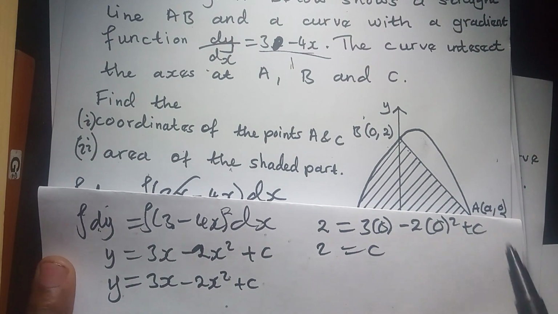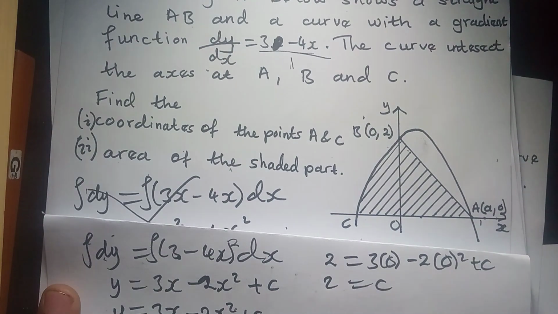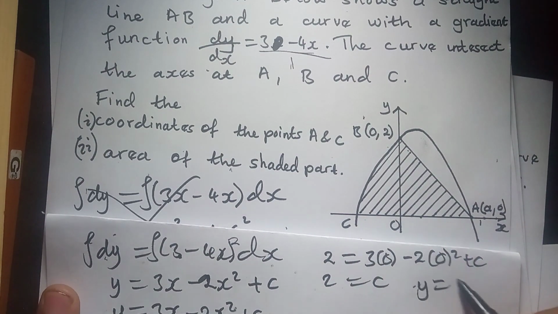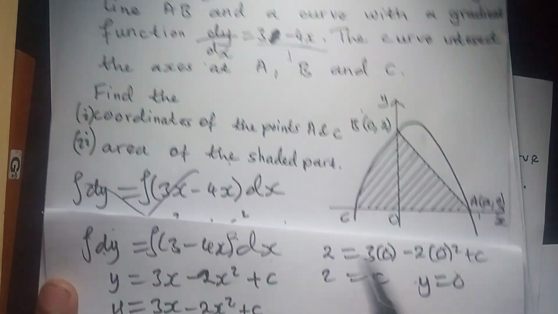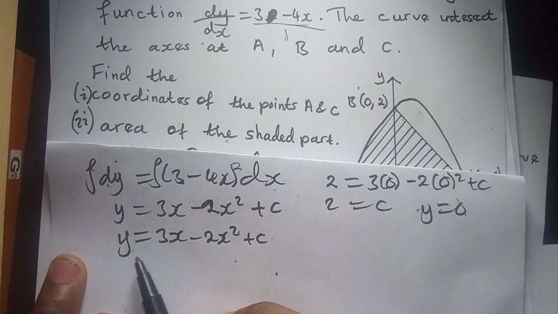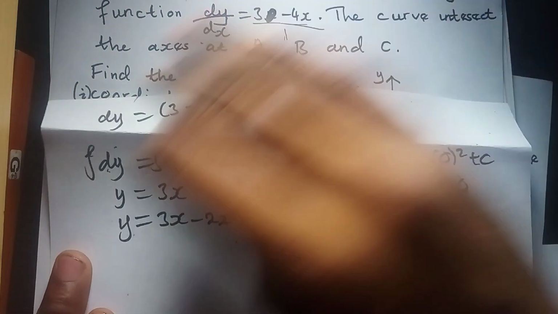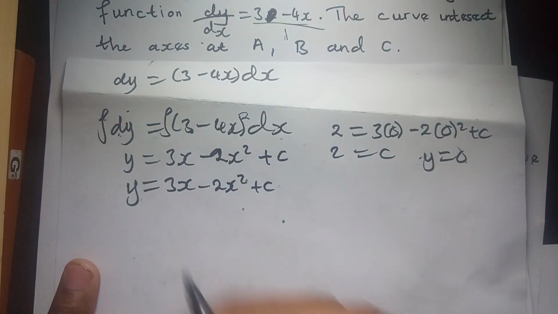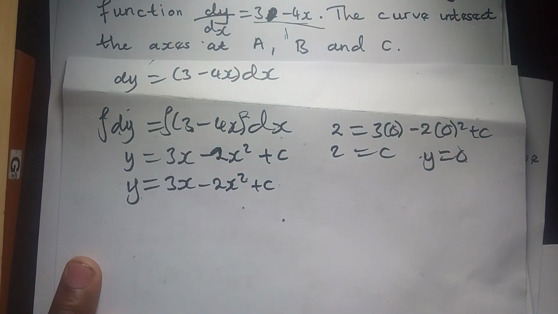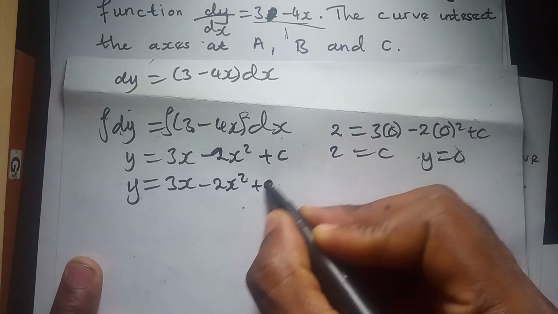So now to find the coordinates of A and C, we already know that y is equal to 0 along this line. So we can just substitute the y in there and solve for x. So this is actually 2.